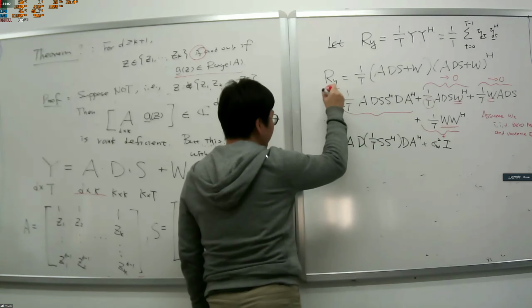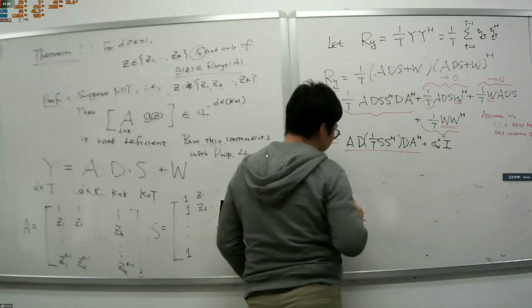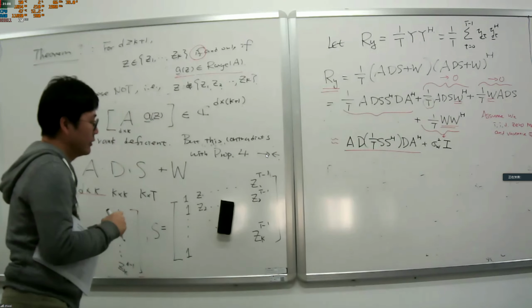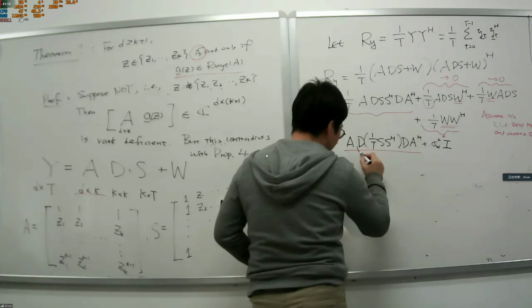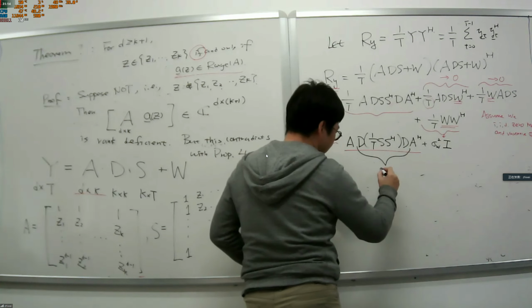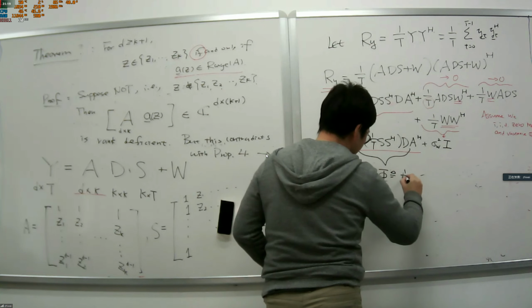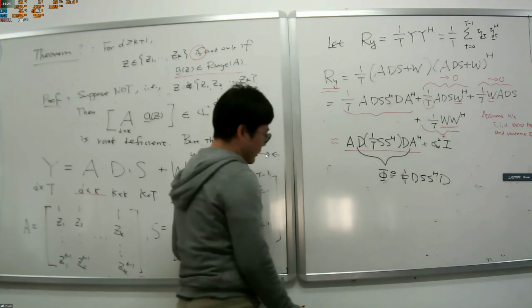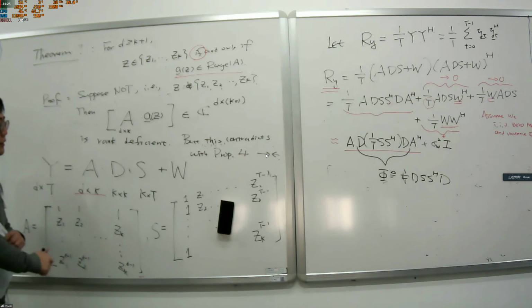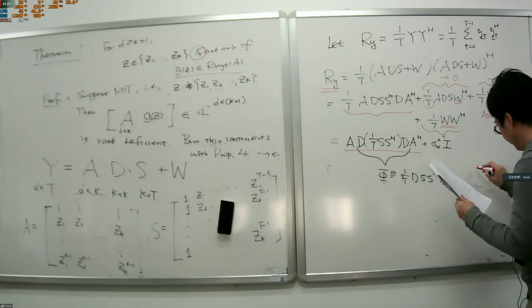So we can compute this R_y, and look at this term. The inside of this term we call phi, which is 1 over T D S S Hermitian D. Here we made some minor assumptions.